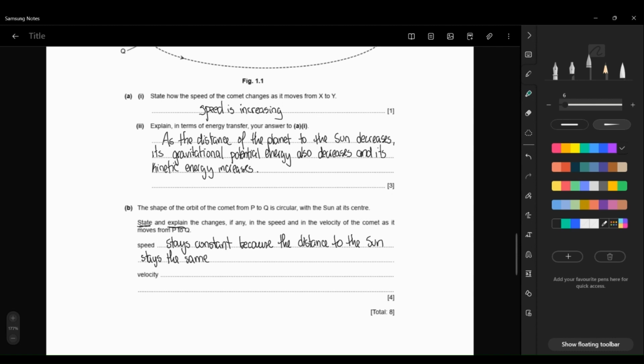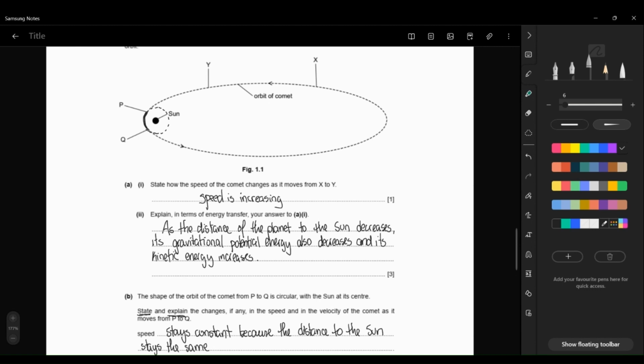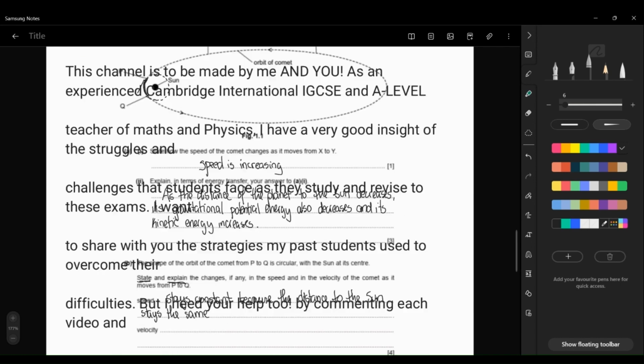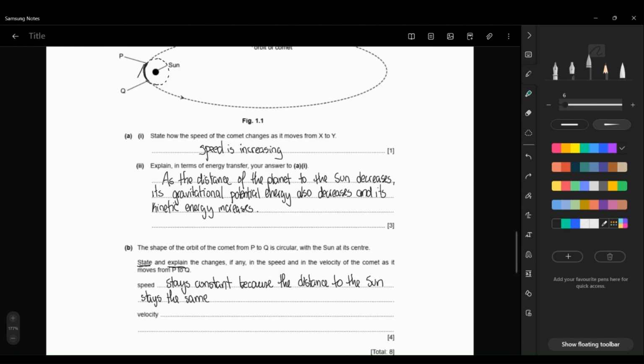What about the velocity? You should know that speed and velocity are two concepts that are linked, but velocity also accounts for the direction in which the object is moving. And here the comet, despite its speed always being the same, at any given moment is going to change its direction. The size of these vectors should be the same, but the direction is changing.